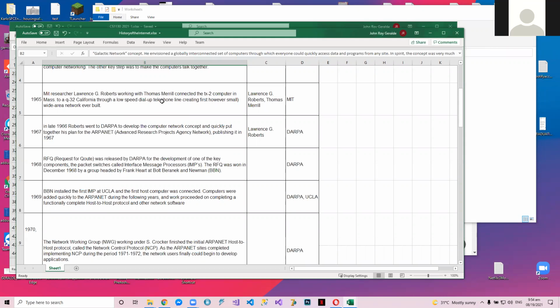In 1965, they were able to successfully connect two computers, a TX2 computer with a Q32 at California State University, from MIT to LA. What's that? UCLA. From MIT to UCLA.